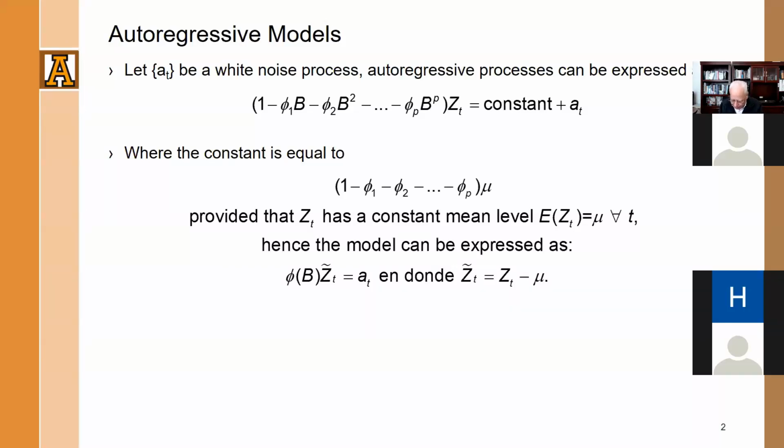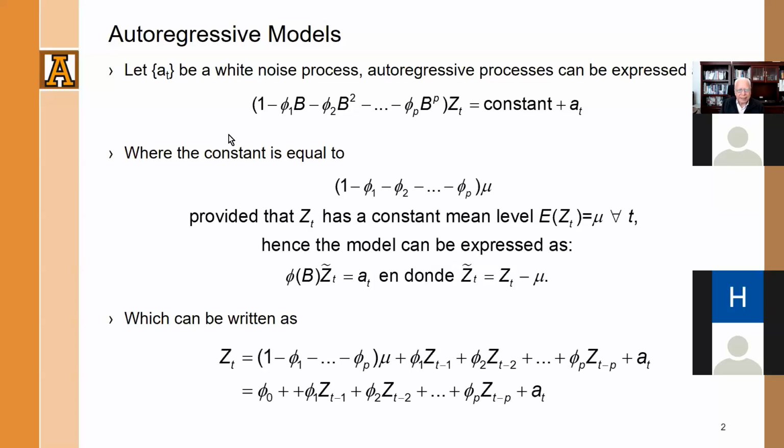If the expected value of Z_t is mu, the expected value of Z tilde_t will be 0, so we're centering the time series. This is the expression for a backshift polynomial of order p, so this is an autoregressive model of order p. Of course, phi 1, phi 2, up to phi p are the model parameters, and those are the ones that we will be estimating.